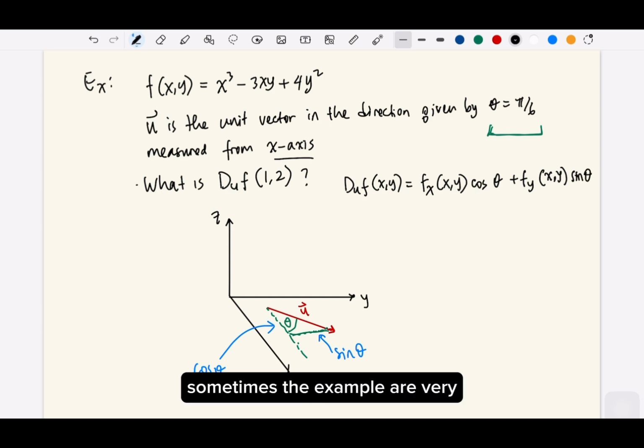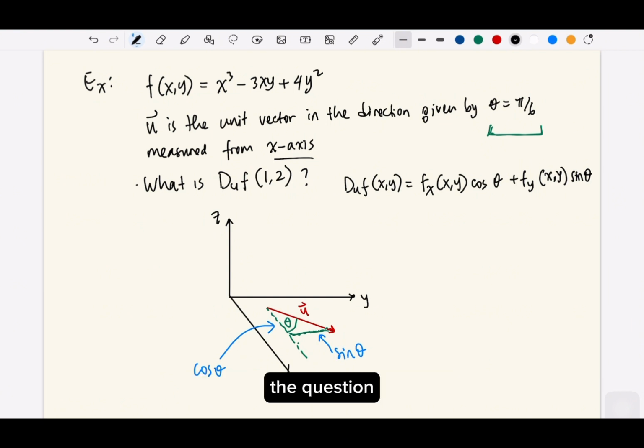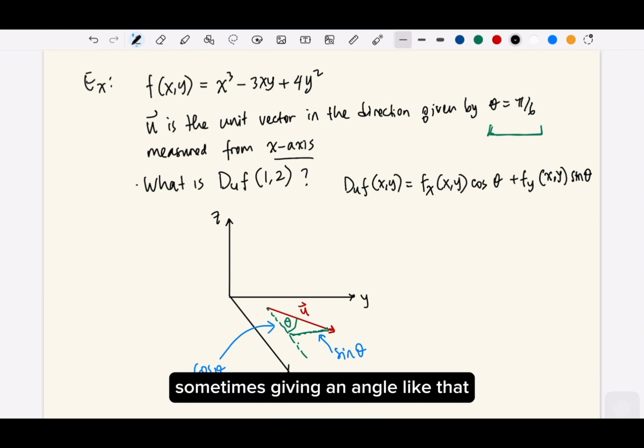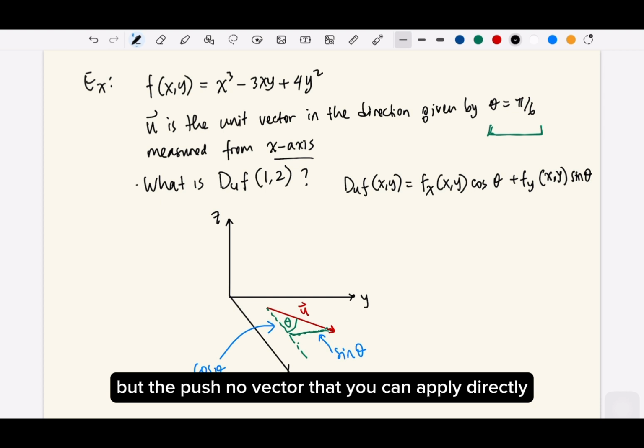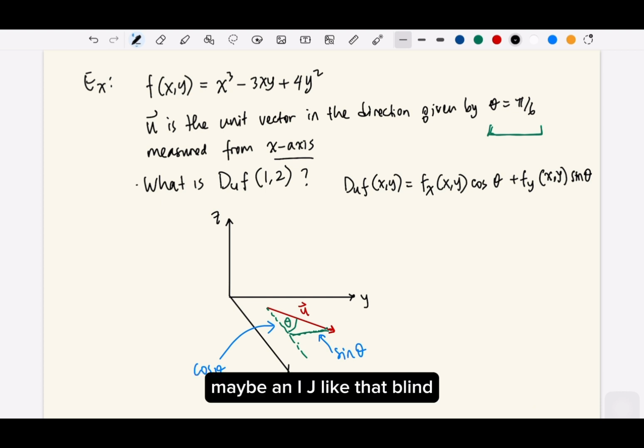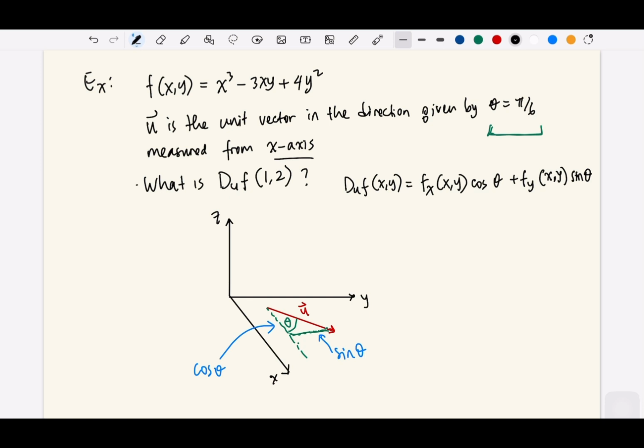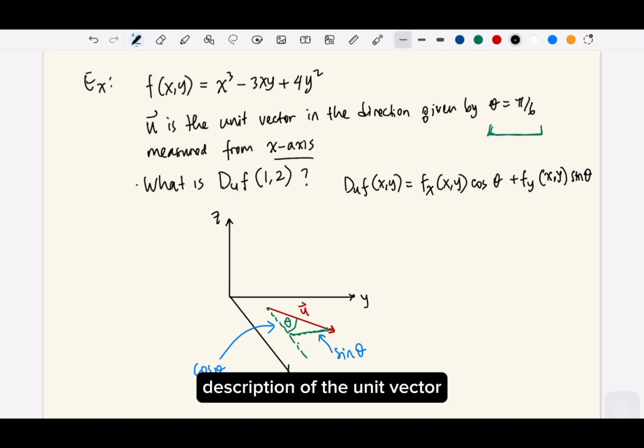Sometimes the question gives an angle like that, or just gives some direction directly. For example, it gives you a vector that you can apply directly, maybe in i, j, like that. This is for i, this is for j. You can also take that as a description of the unit vector.